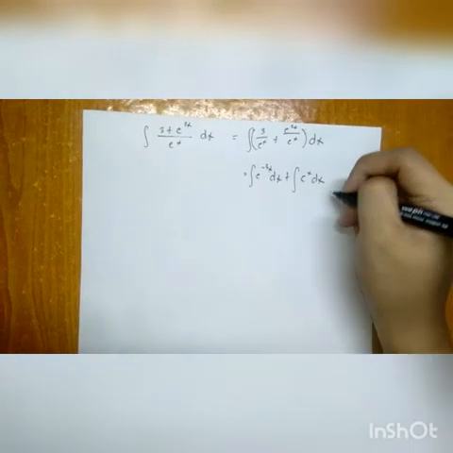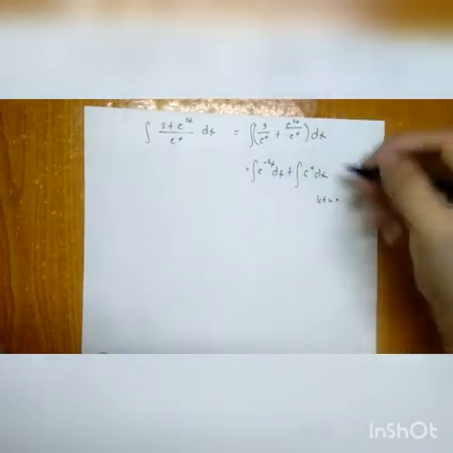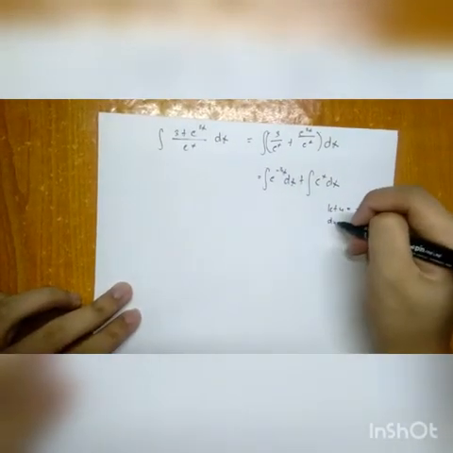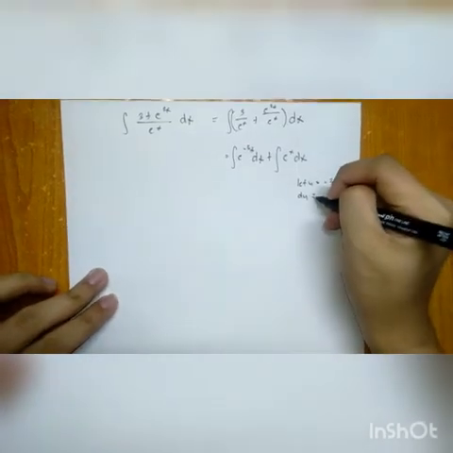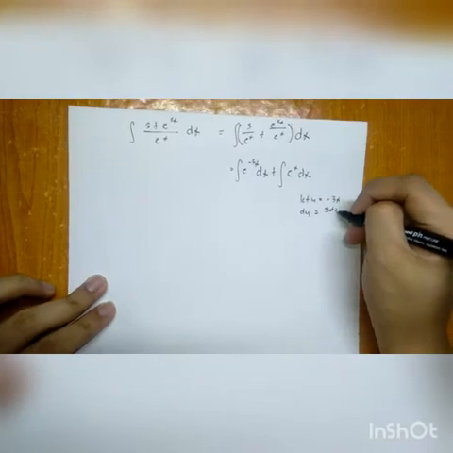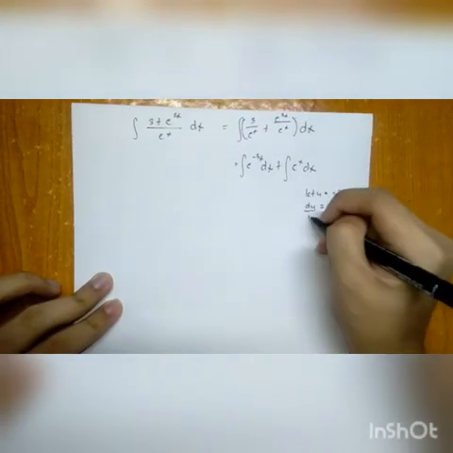Now, we will let u equal negative 3x. And our du equals negative 3 dx. To find dx, we will divide both sides by negative 3.